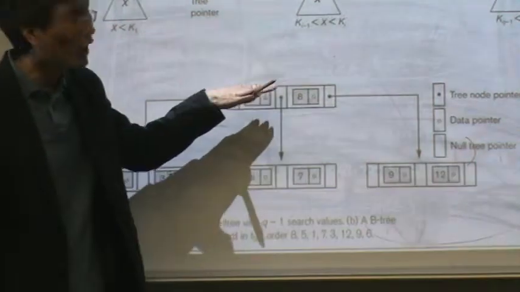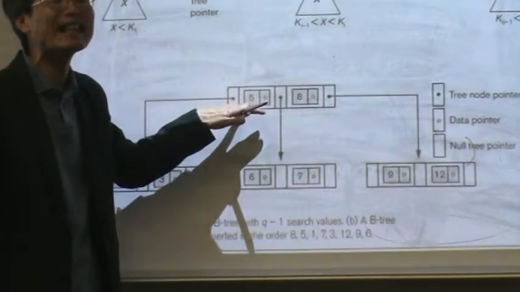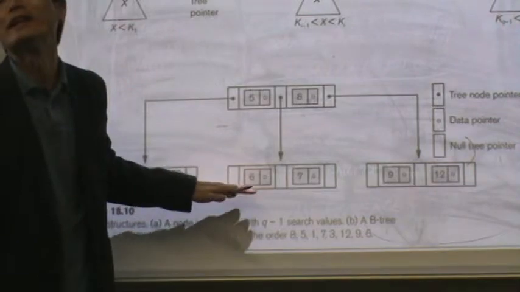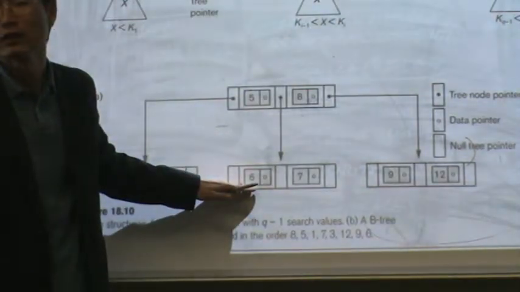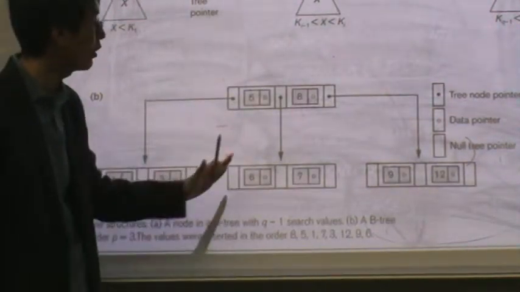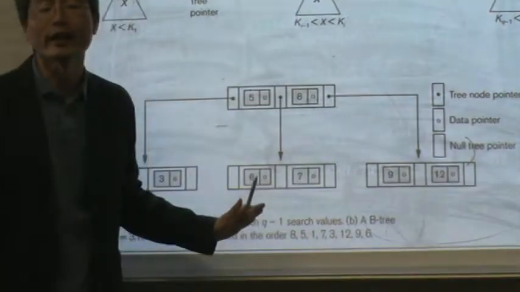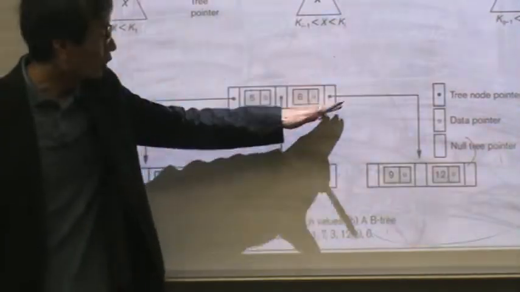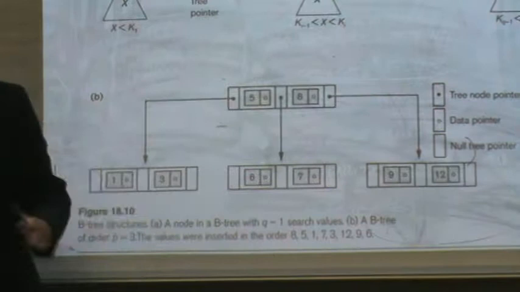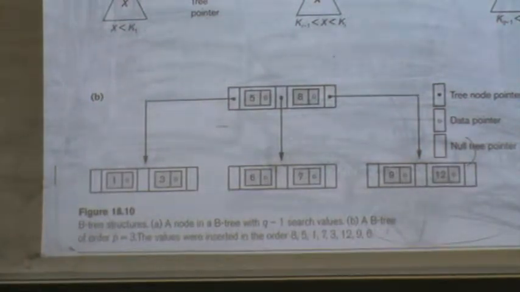Why don't we put all the index key values down to the bottom leaf nodes? So 5 goes somewhere here, 8 goes somewhere here. Then the non-leaf nodes only classify the data.